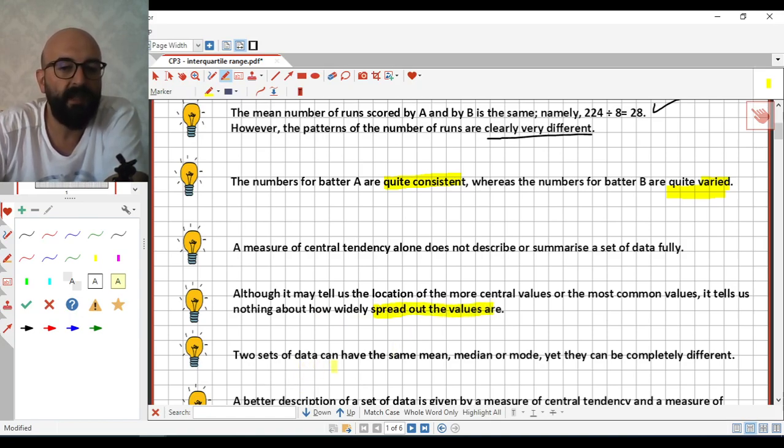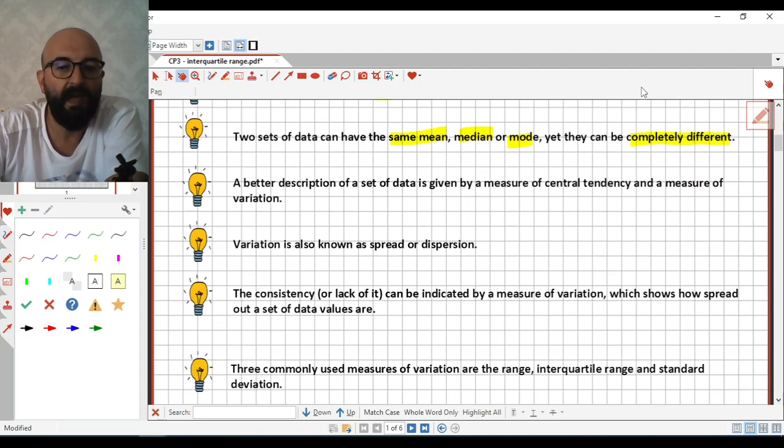Two sets of data can have the same mean, median, or mode, yet they can be completely different. A better description of a set of data is given by a measure of central tendency and a measure of variation. Variation is also known as spread or dispersion.